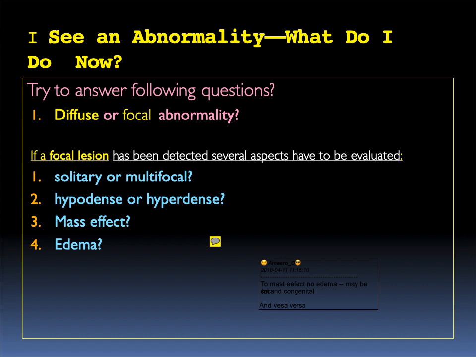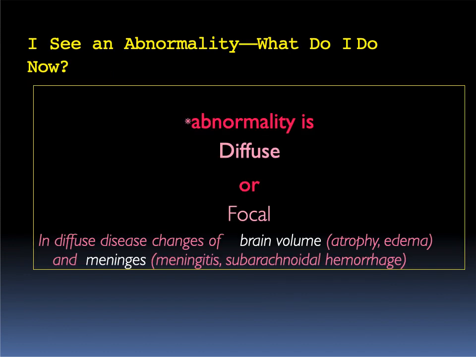We have to say whether it is a diffuse lesion or a focal lesion. This is important. If it is a focal lesion, is it solitary or multiple? Is it hyperdense or hypodense, with mass effect and surrounding edema? These are very important to discriminate between the tissues.